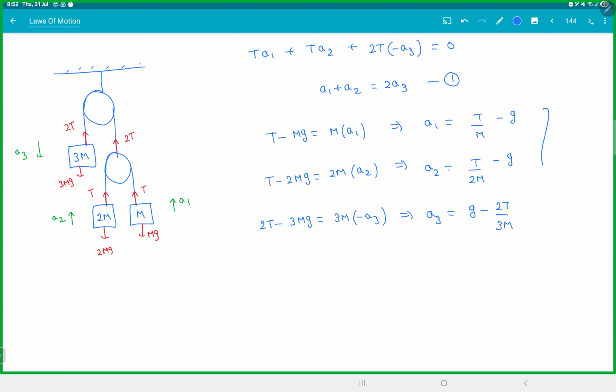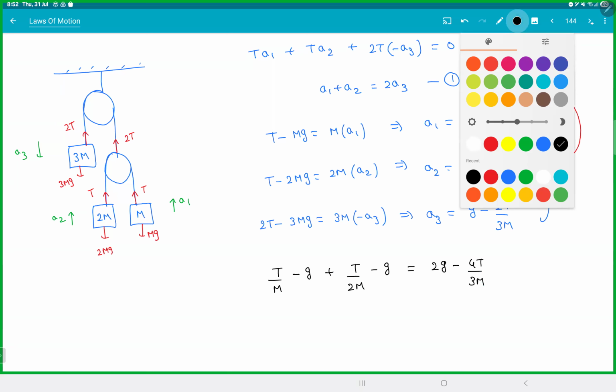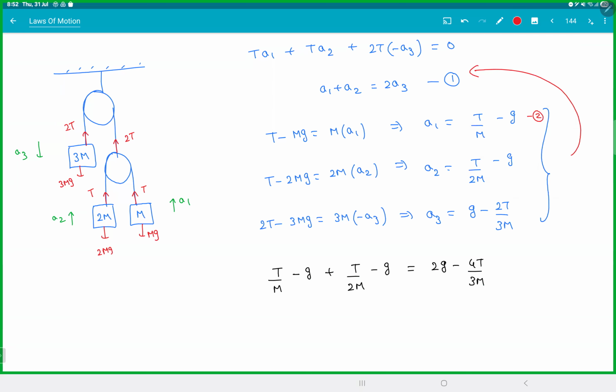So take these three equations and put them in equation 1. When I substitute A1 there, I'll get T by m minus g plus T by 2m minus g is equal to 2 times g minus 4T by 3m. This was your equation 2, this was equation 3, and this was equation 4.